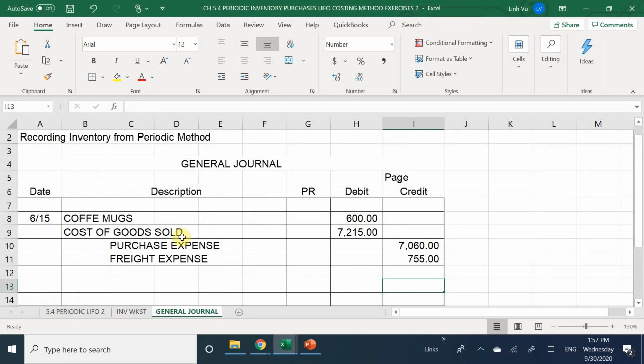Let's double check to make sure that our debits and our credits match before we finish up this. I don't balance.